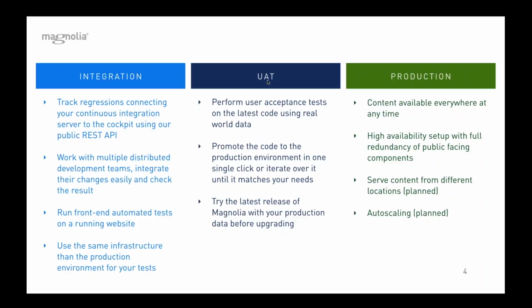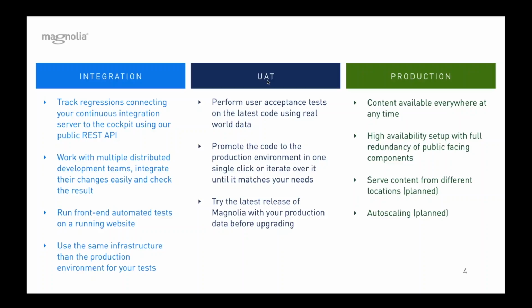The second environment is called the user acceptance test, UAT. It can be used to perform manual tests, generally done by the business, to validate that a given feature has been correctly implemented. You can also decide to use real-world data, cloning the data from the production environment to the UAT environment.